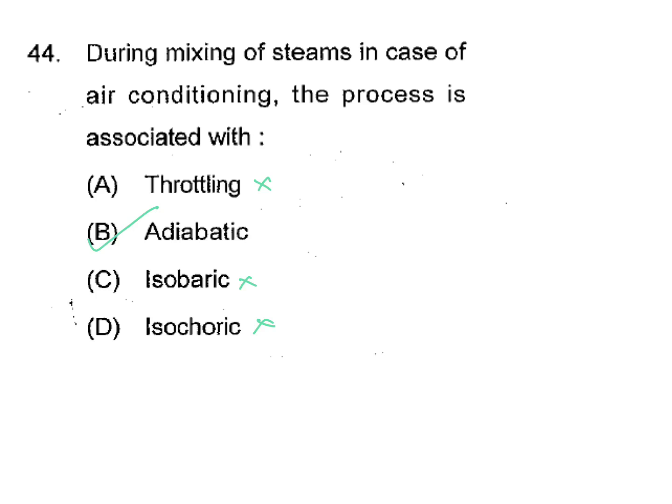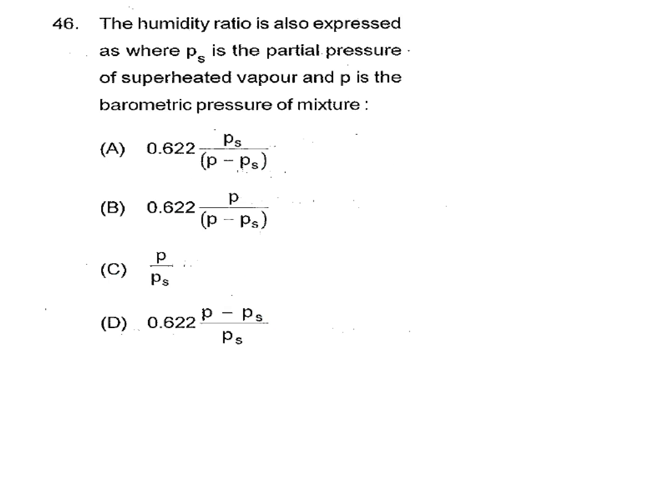The humidity ratio is also expressed as, where PS is the partial pressure of superheated vapor and P is the barometric pressure of the mixture.